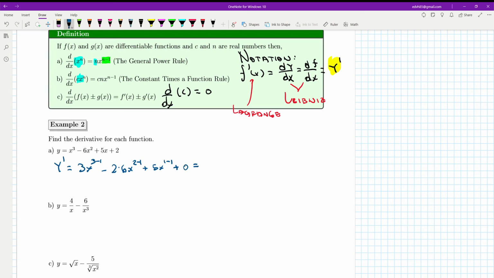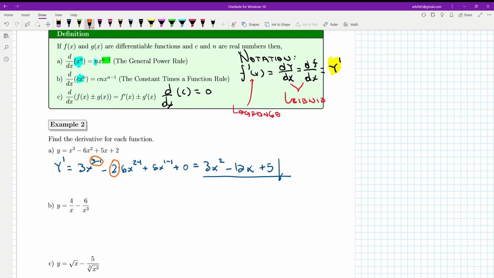Let's simplify this. That's going to be 3x squared minus 12x to the first plus 5x to the 0, which is simply 5. After some practice, guys, you won't need to write this 3 minus 1, and you don't need to show the multiplication times 2.